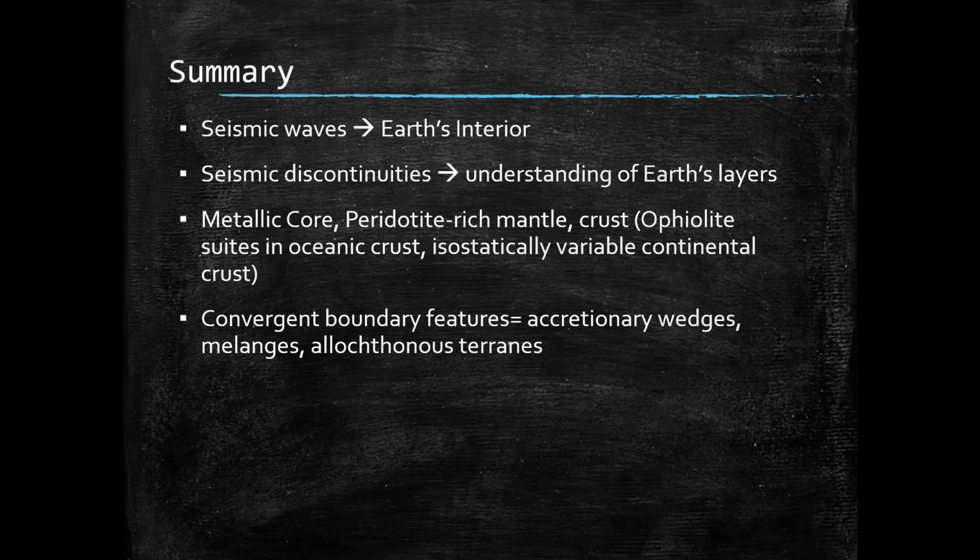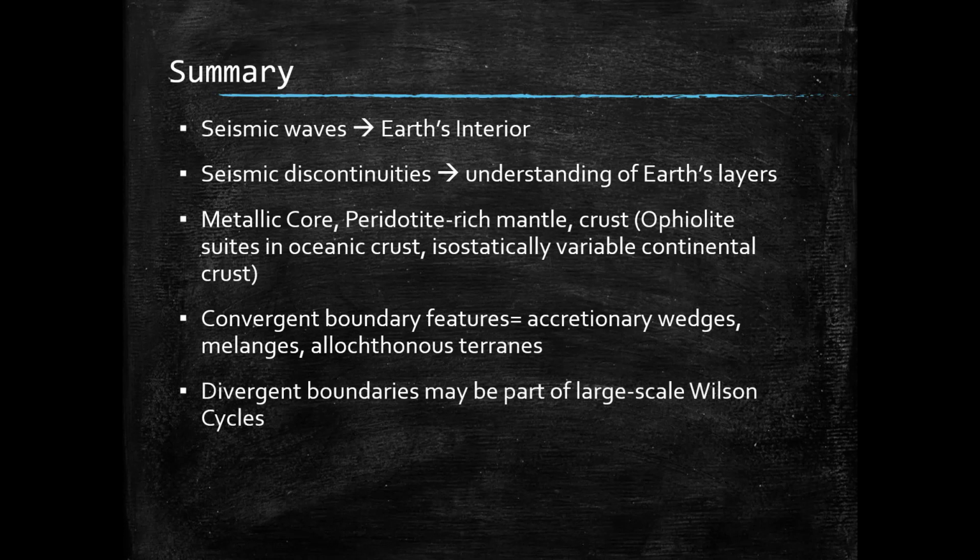Finally, we can have entire microcontinents or chains of volcanic islands that get accreted onto the perimeters or sides of continents, and those are called allochthonous terranes. We also talked about how divergent boundaries are characterized by opening and spreading along mid-ocean ridges, but they may actually be part of large-scale Wilson cycles.